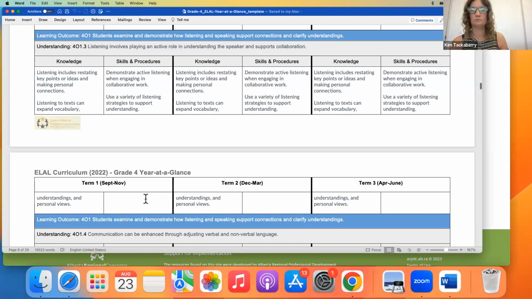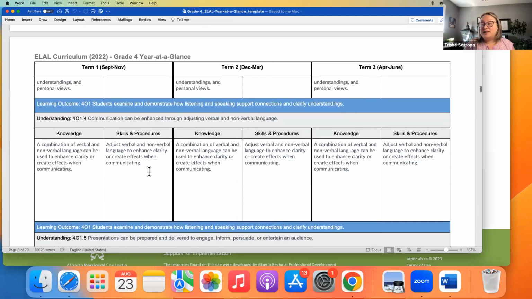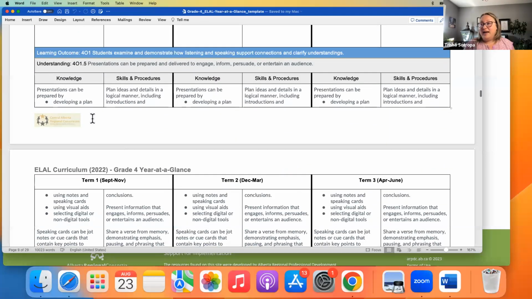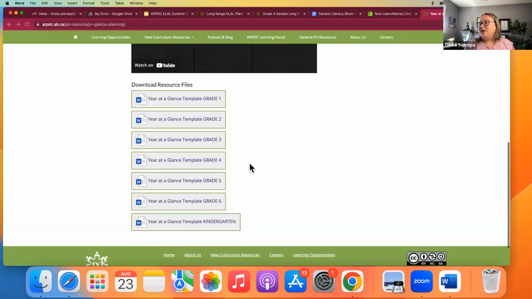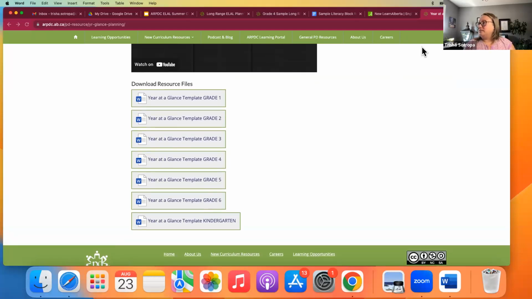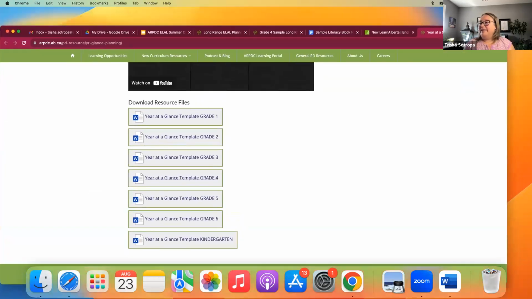So then they've highlighted which terms they want to do them in. And I would strongly recommend doing planning with another person, because definitely talking it out makes a huge difference. All right. Thanks, Kim. That was helpful.